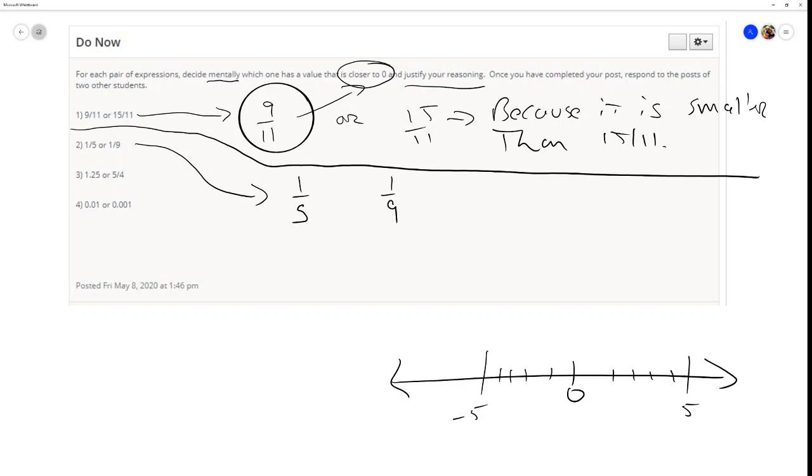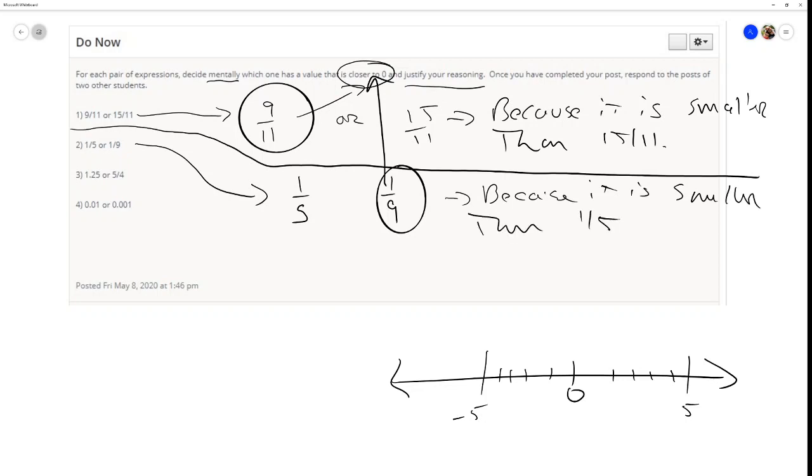Now, 1/5 is bigger than 1/9, so that means the 1/9 would be closer to the 0, again because it is smaller than 1/5. And if you think about it like pizzas, that works for me. It makes me kind of hungry. All right.